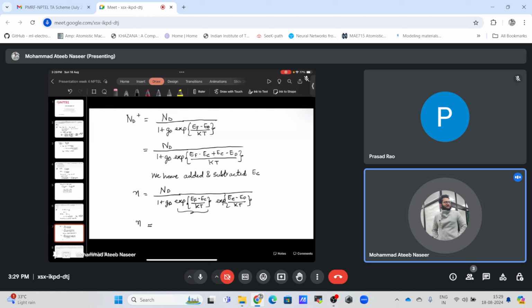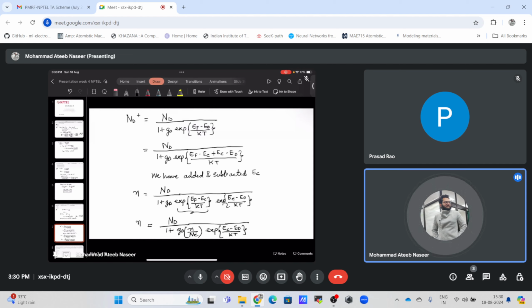So let's put this over here. It is n equals Nd divided by 1 plus Gd n by Nc exponential of EC minus ED by KT. What we can do now is solve for this.